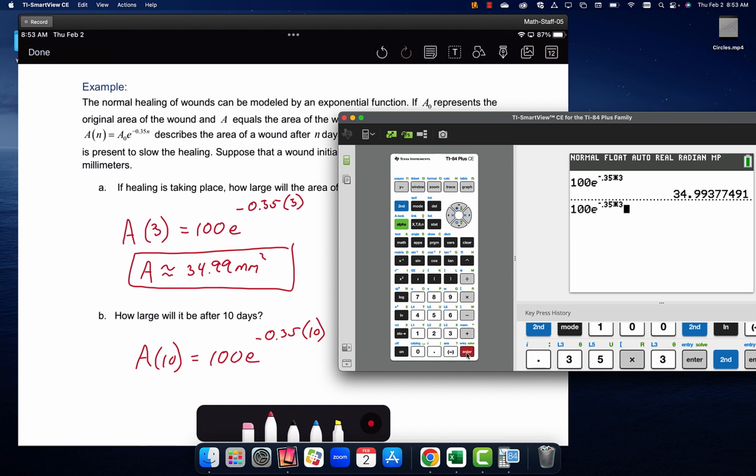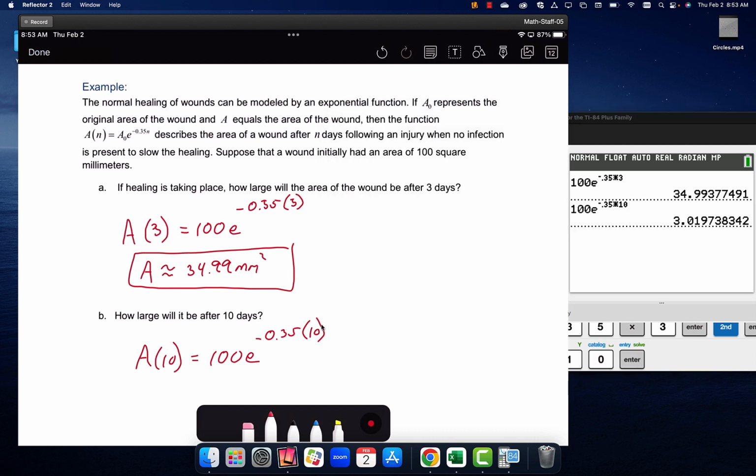That'll just pull up the previous command. All we need to do is edit the 3 and make it a 10. So now the area has shrunk considerably. The area is roughly 3.02 square millimeters.